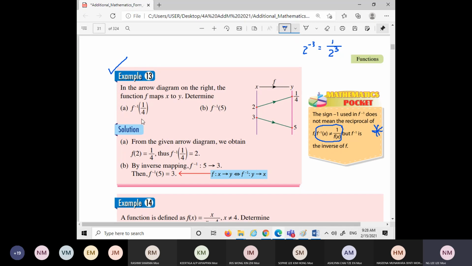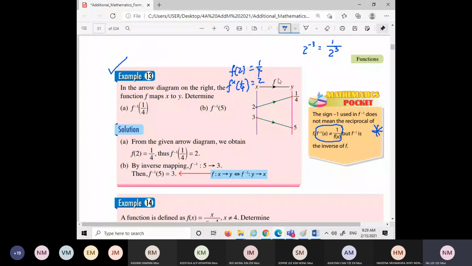That means, for the inverse of 1 over 4, you have to look at the image of f. The image 1 over 4 maps back to the object. From here to here, f(2) gives you 1 over 4. So the inverse of 1 over 4, you will get back 2.